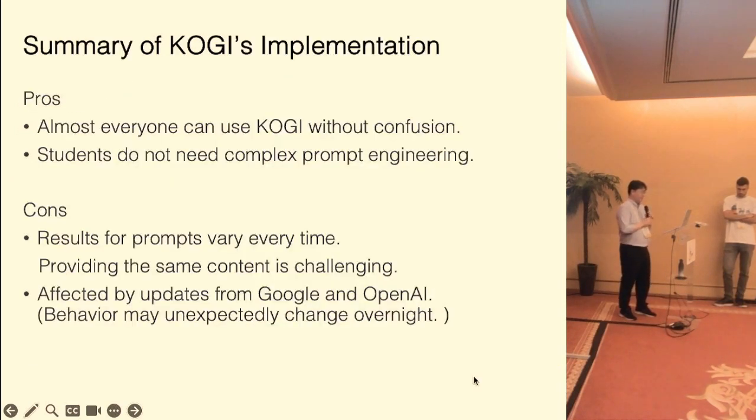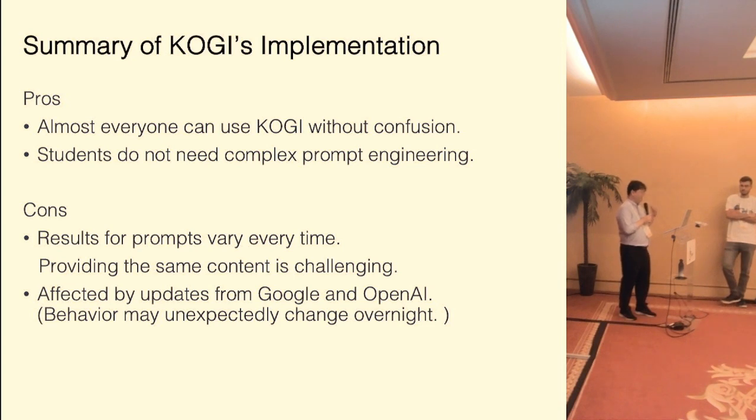Here is a summary of the KOGI implementation. The pros: almost everyone can use KOGI without confusion, and students do not need complex prompt engineering. The cons: results from prompts vary every time, so providing the same content in the same class is challenging.